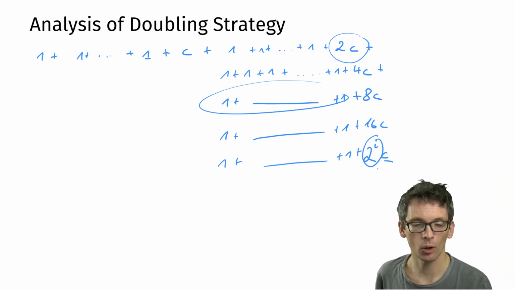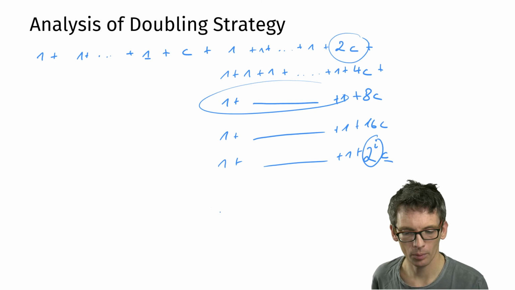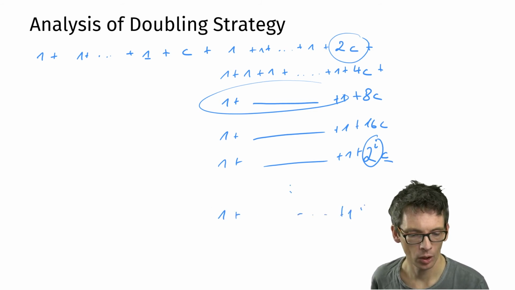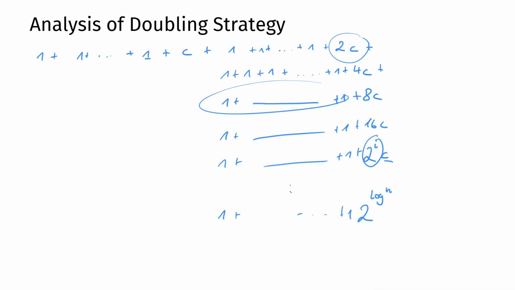And when would it go beyond n? When we have the following: 2 to the logarithm of n divided by c, let's round it down, times c. Because 2 to the logarithm is simply n divided by c, and n divided by c times c, that's n. And then we might have a couple of ones left, but that's it.